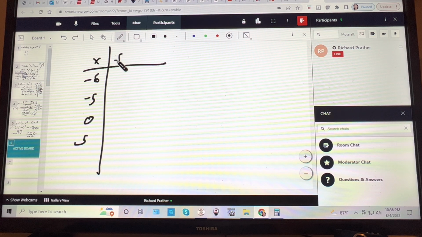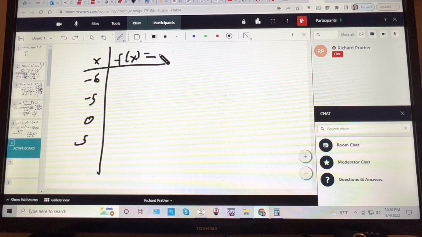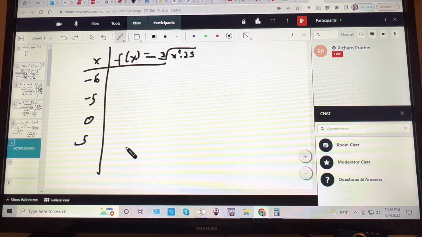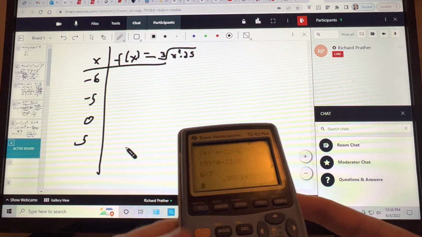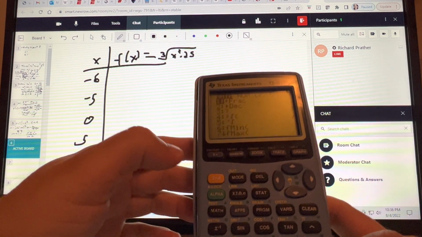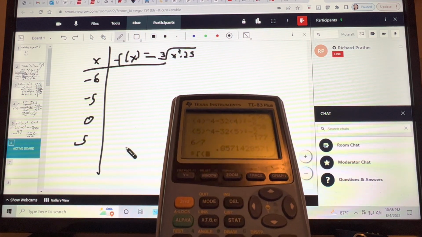Plug them back into the original function, which you could change to a cube root if you want, cube root of x squared minus 25. A 1/3 power is a cube root. These calculators have a built-in cube root if you press math and go down to number 4, cube root.